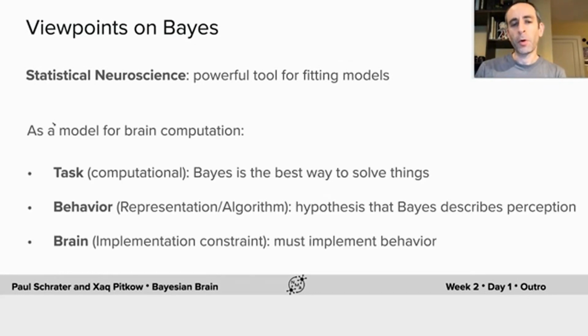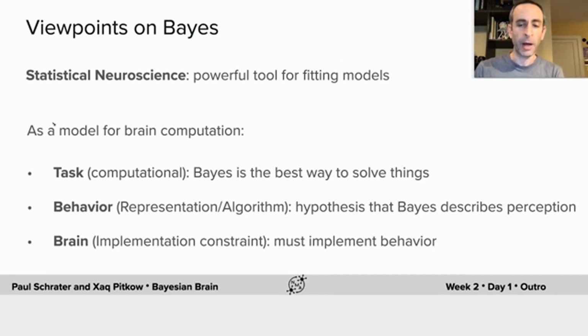Here we propose this as a good model for brain computation, and we can think of that at three different levels. At the task level or computational level, we know that Bayes is the best way to solve things. So this is what the brain should do if it's going to be optimal. Then that leads us to a hypothesis that the brain is optimal, that behavior actually does follow Bayes' rule.